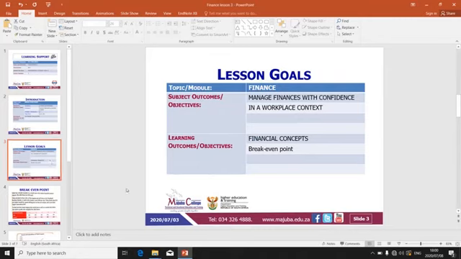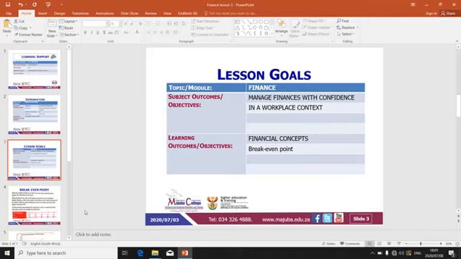Our subtopic today for lesson number 3 is the break-even point. The reason I'm interested in the break-even point is because it has a lot of marks. When they set it during the exam, they give it in the form of a graph, and graphs are a bit confusing.